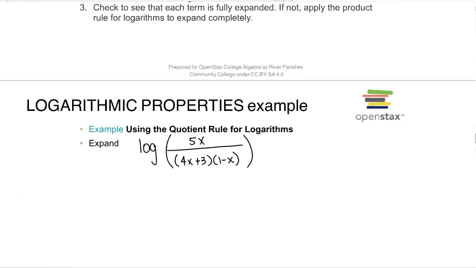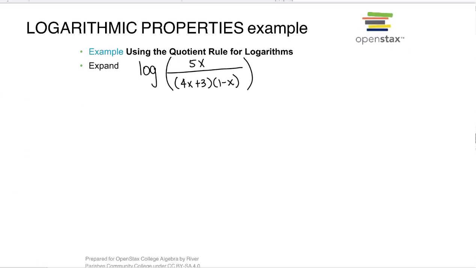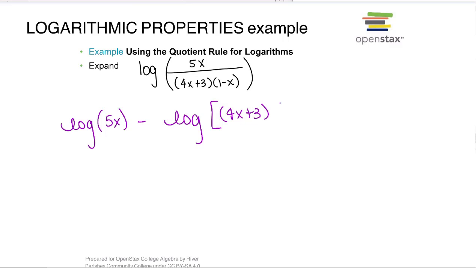So let's look at this first one. All right, first we're going to see if we can factor anything out and cancel, and we can't. So next, we're going to rewrite it as the difference: this is log base 10 of 5x minus log base 10 of the denominator, which is 4x plus 3 times 1 minus x.